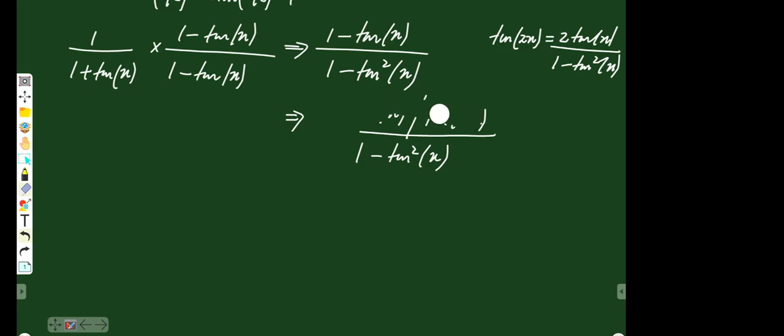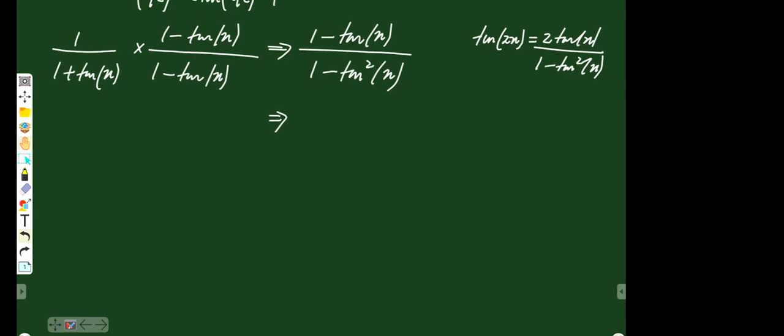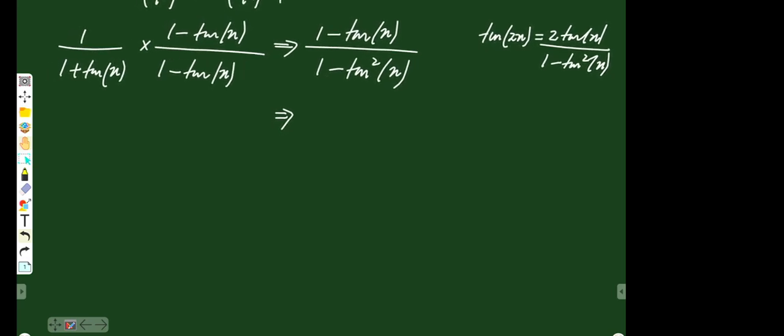Other way around. Say it again. Sorry. So on the compound angle formula, if you subject 1 minus tan squared x, that would be 2 tan x divided by tan 2x. So it would be tan 2x times by 1 minus tan x.